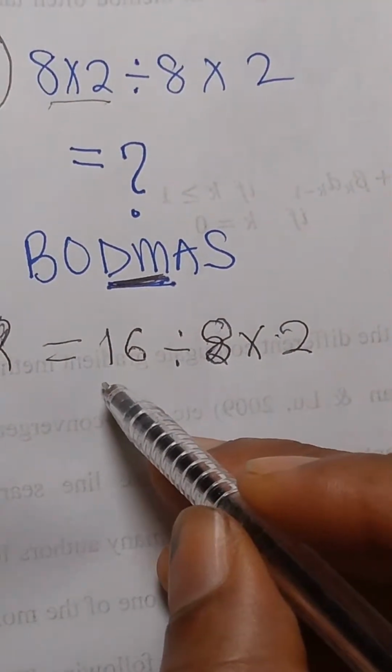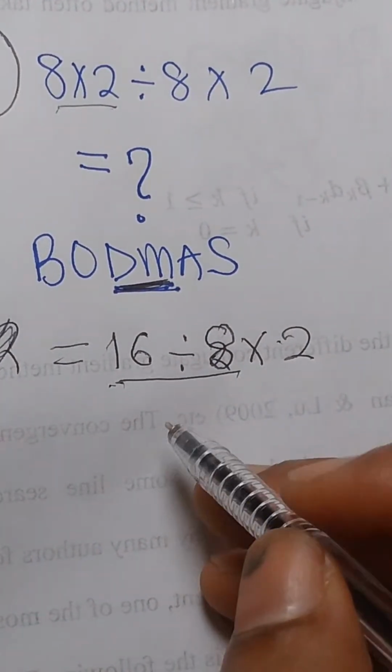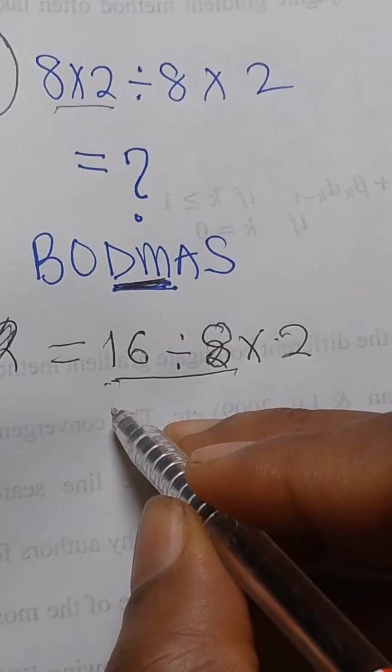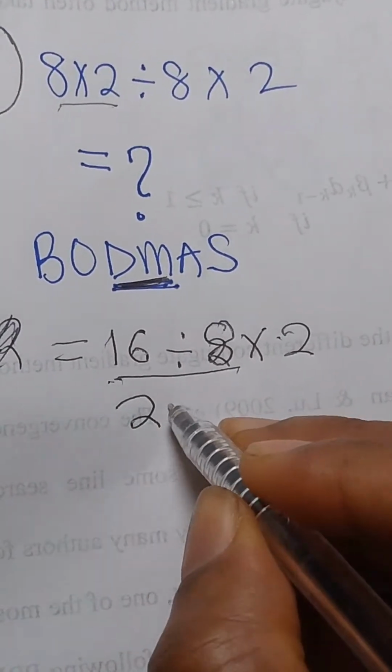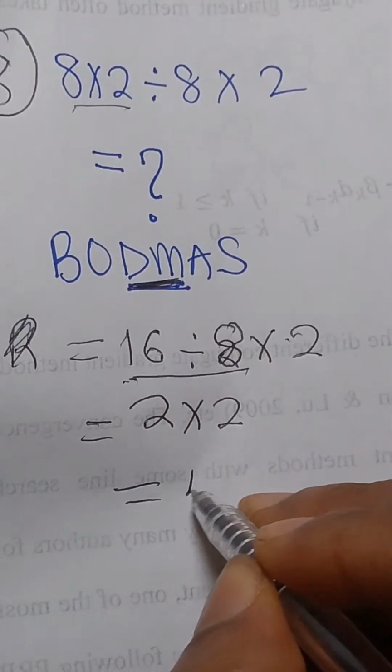The next thing is, we have 16 divided by 8, which will give us 2 times 2. All right. So the answer is 4.